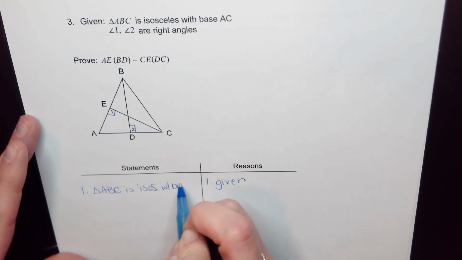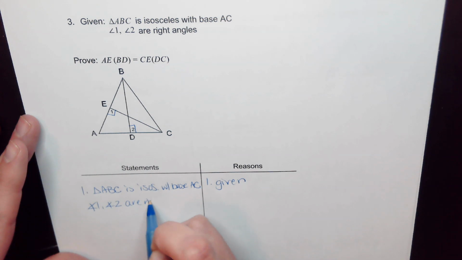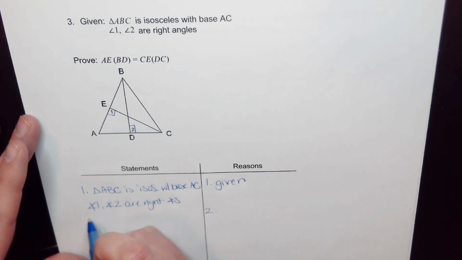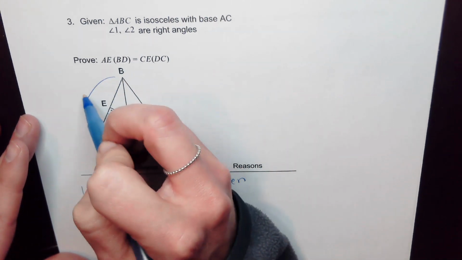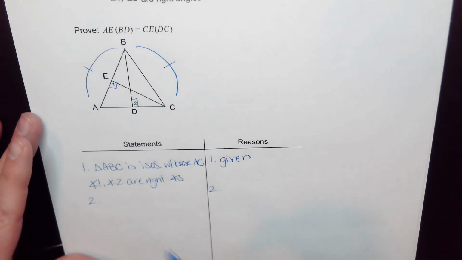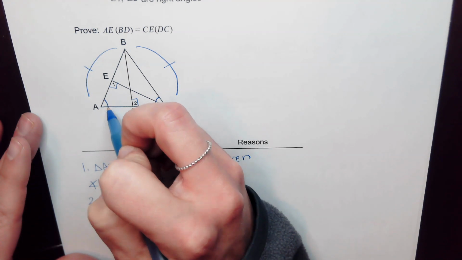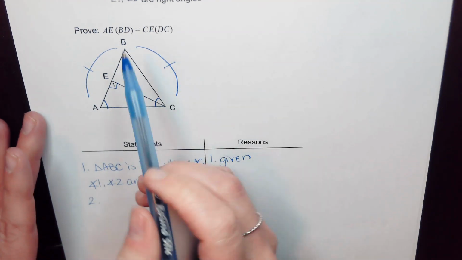Isosceles with base AC, and angle 1 and angle 2 are right angles. So knowing this is an isosceles triangle, I know that I'm going to have congruent sides as well, and congruent base angles too. So those are just some things I want to mark before I start making my plan here.